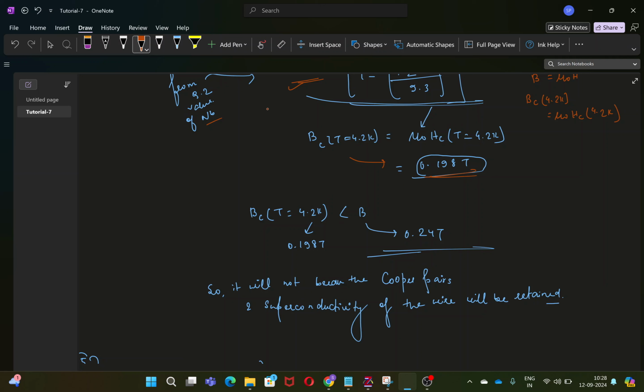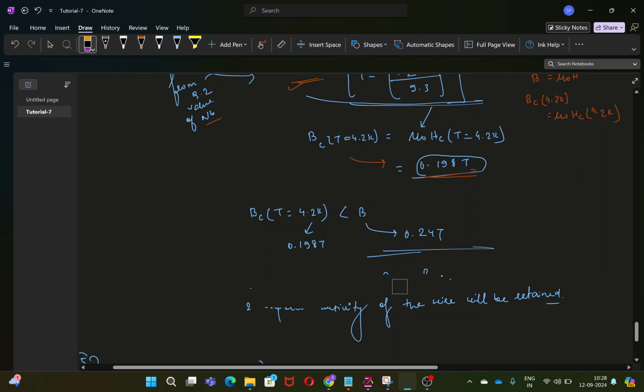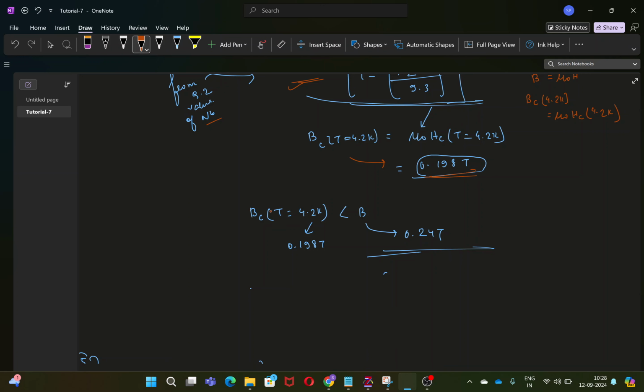So I have probably made a mistake, because this line is not right, because you can see that the field generated by the current carried by the superconducting niobium wire is actually exceeding the critical field value for the temperature. It is greater than that value.